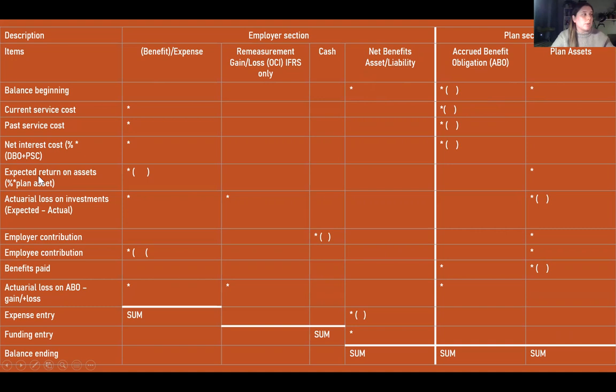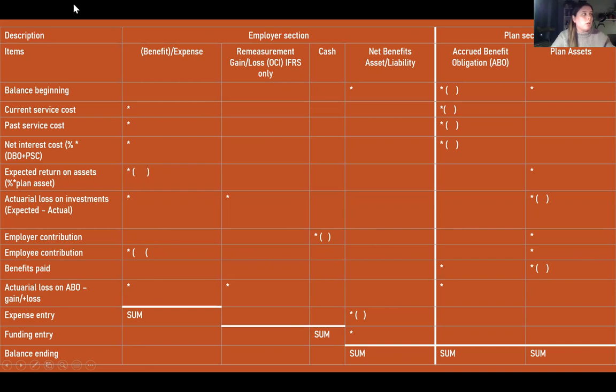And then your expected return on assets and your actual loss on investments. That's basically all that they can trick you with, because those are the only formulas that accountants are going to use to compute stuff. The rest should be given, and you just plug them in where there are the little stars.